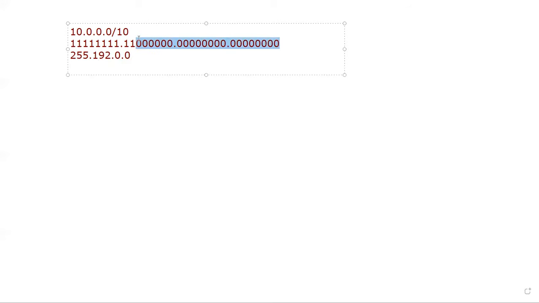Host values are zeros. So the magic value is 192. Block size is 256 minus 192, which is 64.